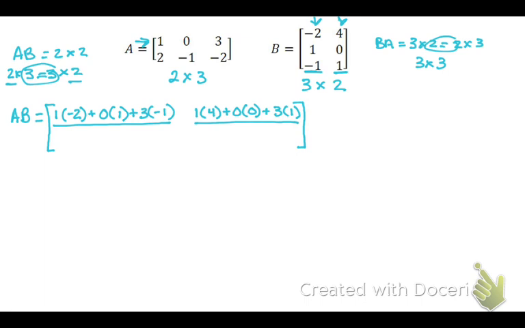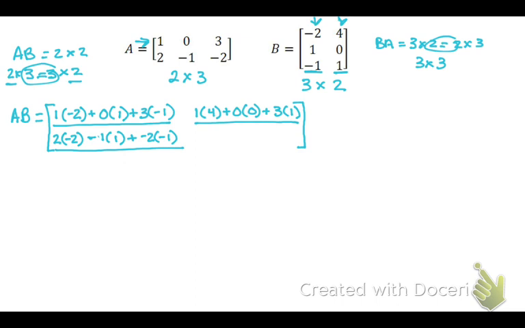Okay, so now I'm done with the first row. I move to the second row. Do you want me to do it in a different color or am I okay in the same color? You're fine with the same color. Okay, so 2 times negative 2. Plus... Now, I'm going to tell you guys, I don't put a plus when I have a negative there. I'm just doing that for you guys. So if you don't want to do plus the negative, if you just wanted to do minus, could I just put a minus here?